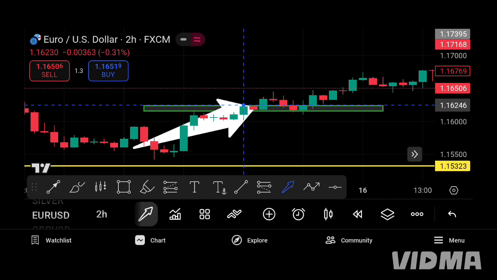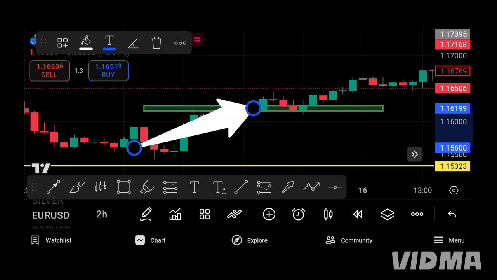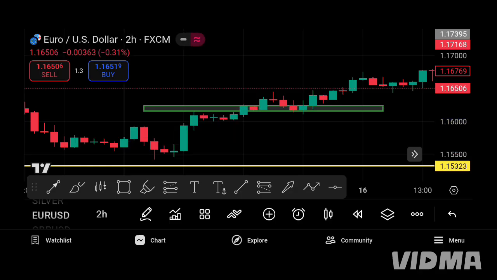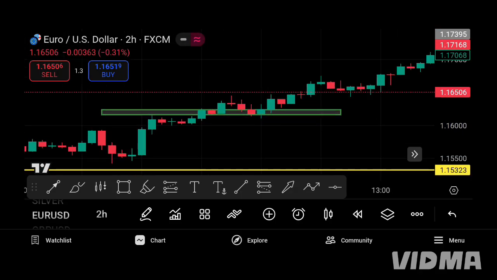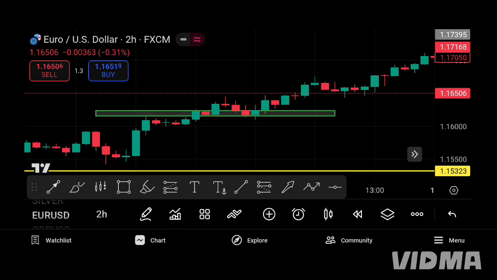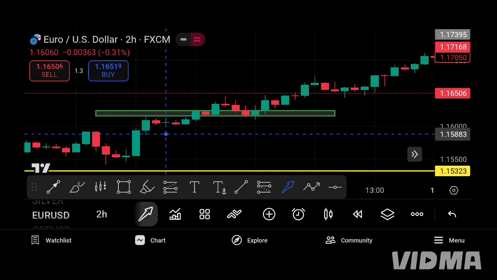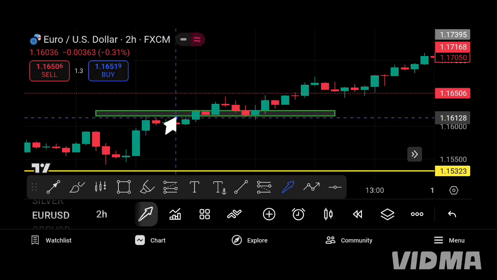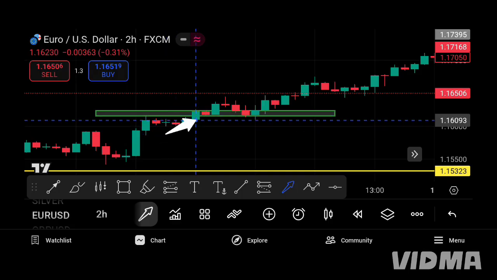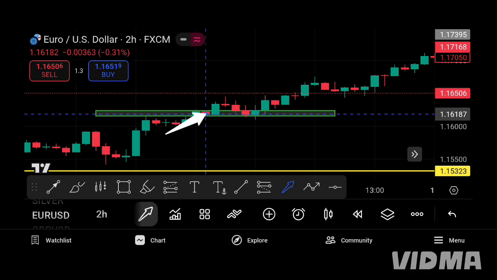Okay guys, so we came here and broke. After breaking, I was showing you that we created a red candle here in between a demand zone.